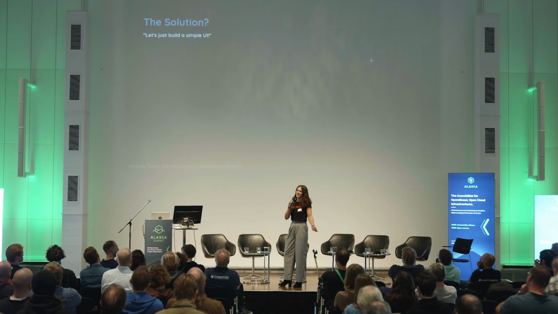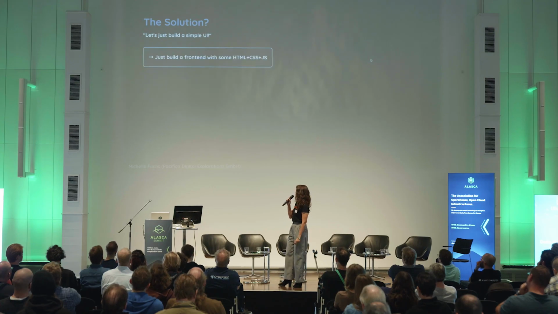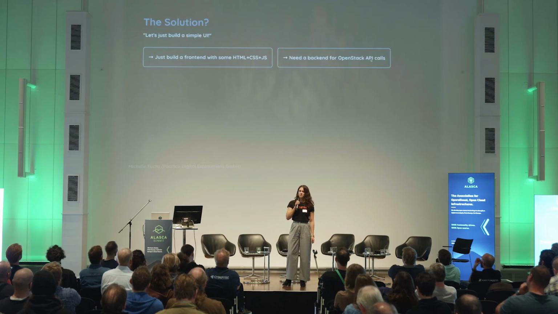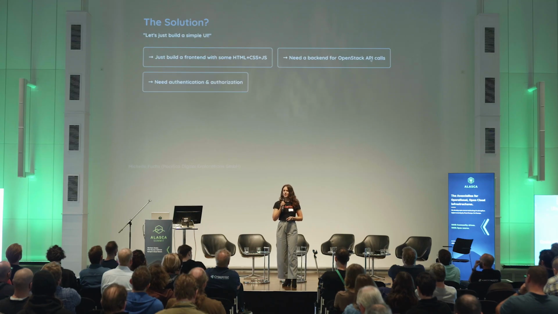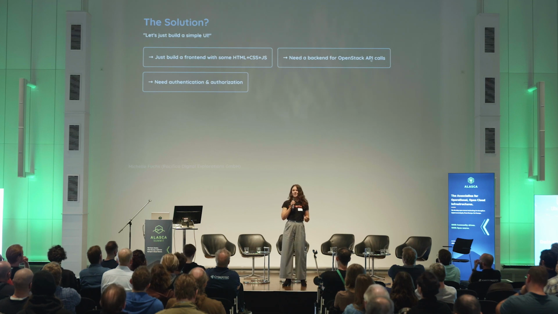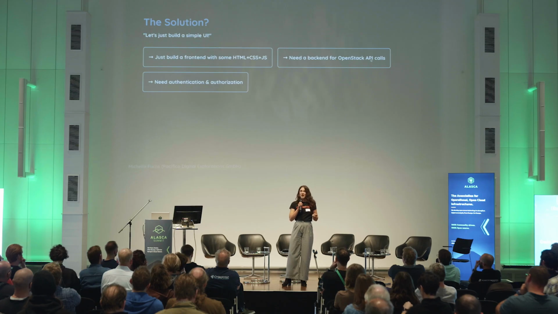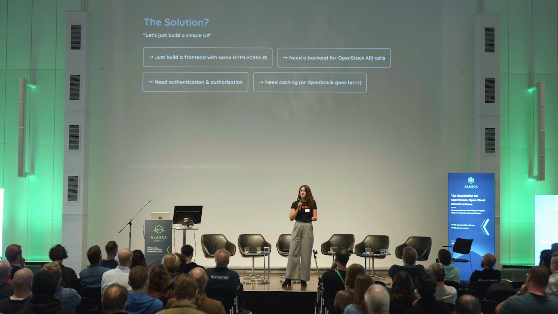So how about just a simple UI? Well, you can code something with some HTML and CSS and JavaScript. But you also need a backend because you want to talk to OpenStack. And our customers should log in, so authentication is good. And did you know the OpenStack API is not really that stable, so if everyone is just accessing it, it might be down.